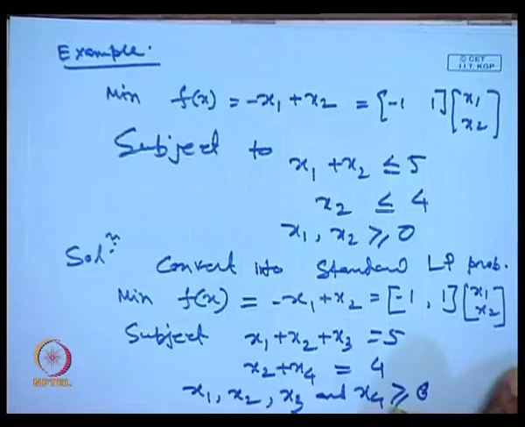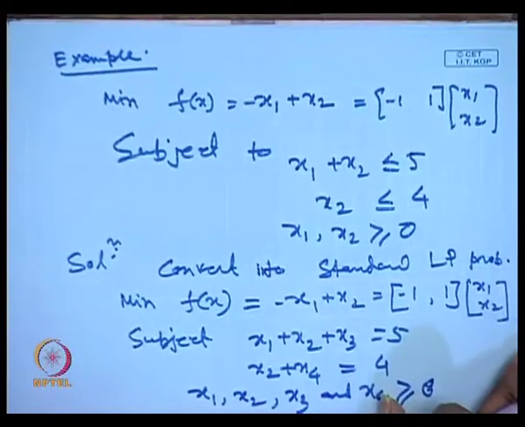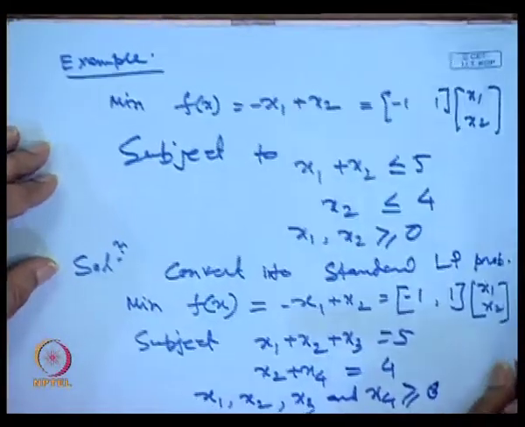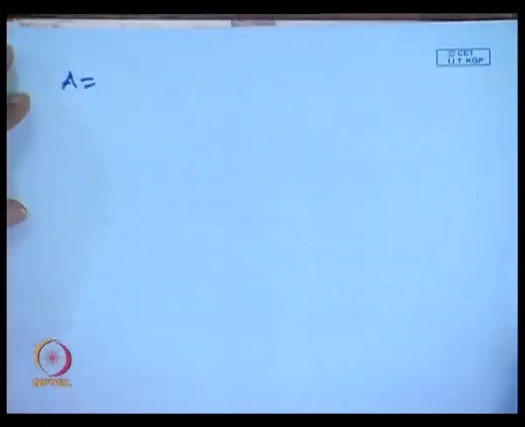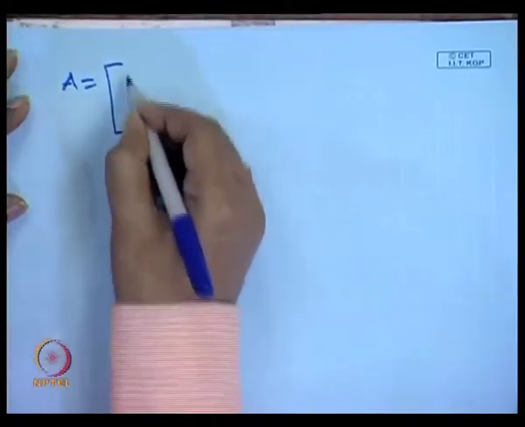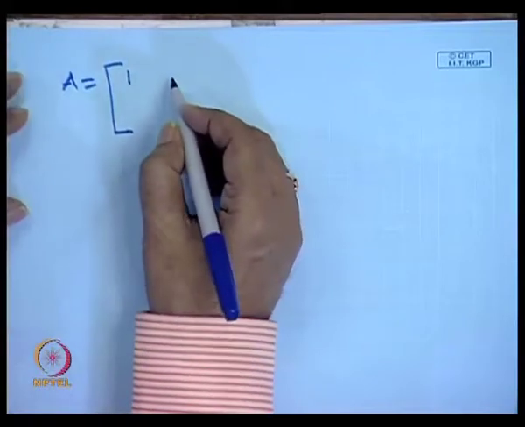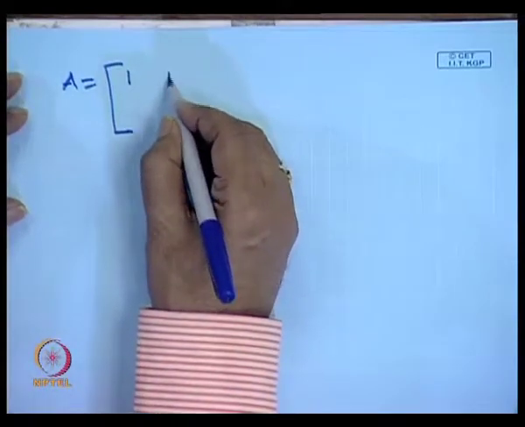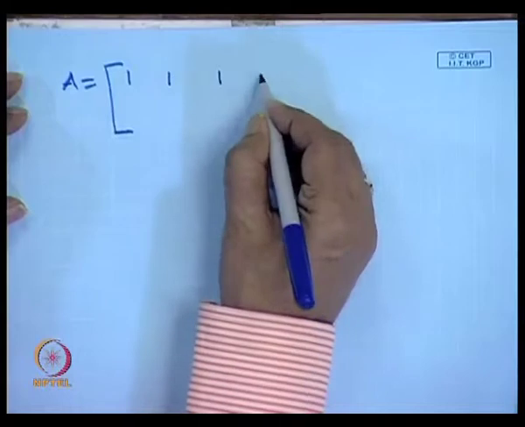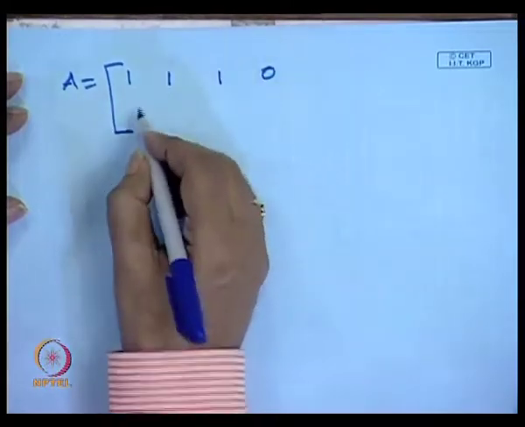So, this has now converted into our standard LP problem. Now we identify which one is our A, b and c. If you see our A matrix from these two equations, I can write it quickly: the coefficient of x1 is 1, x2 is 1, x3 is 1, x4 is 0 in the first row, and 0, 1, 0, 1 in the second row.